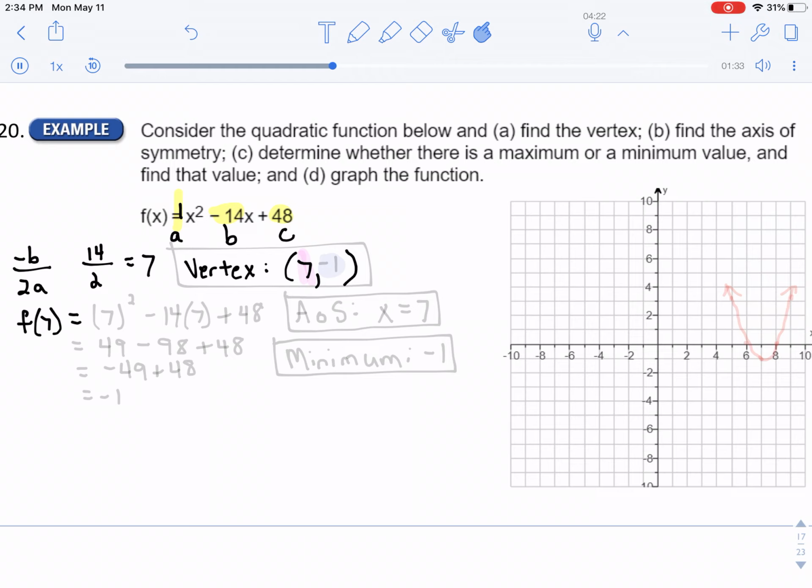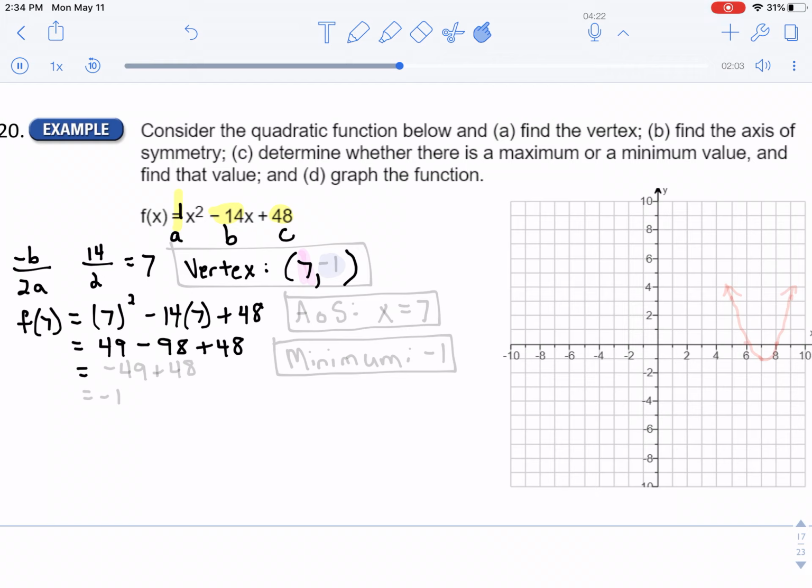That's going to give us 7 squared minus 14 times 7 plus 48. All right, now follow order of operations. So we do our exponents first. 7 squared is 49. Now we do our multiplication. Negative times a positive is a negative, and 14 times 7 is 98, plus 48.